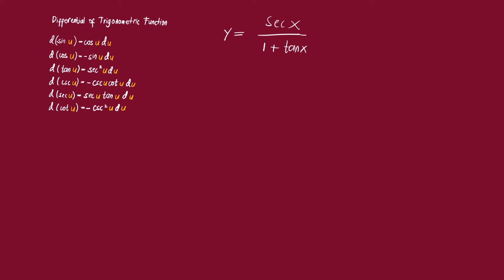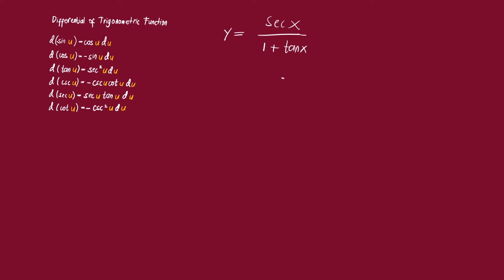Now, for trigonometric function, one way to simplify is by applying the different trigonometric identities. And I hope you know what are those identities. Because in your trigonometry, ginagamit niyo yung trigonometric identities. So I hope you can still remember what are those different trigonometric identities.